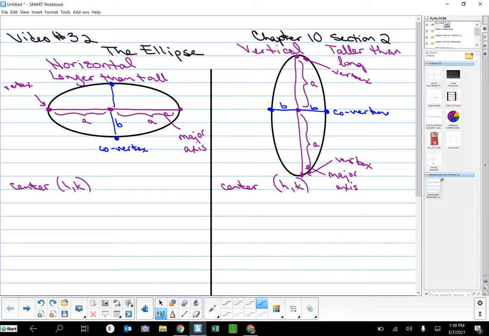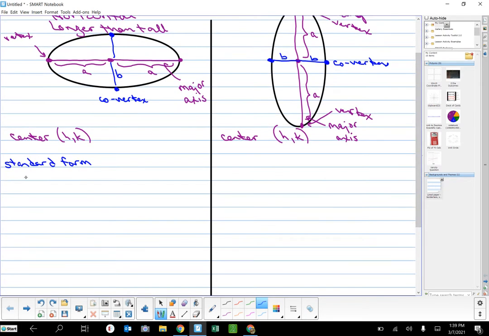All right, so now you have the standard form of these things, and they vary a little bit. Standard form of the horizontal one looks like this: (x minus h) squared over a squared plus (y minus k) squared over b squared equals 1.